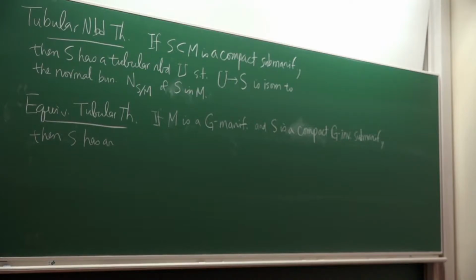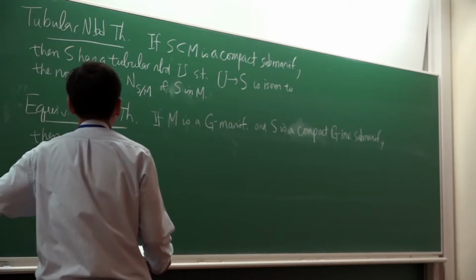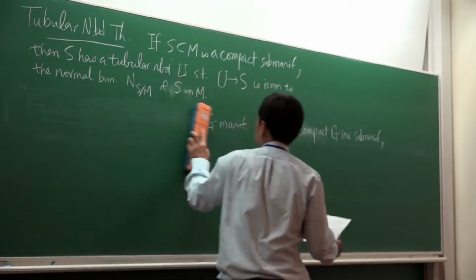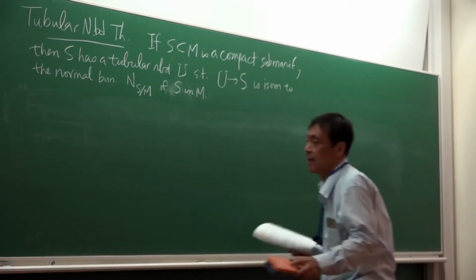So an equivariant tubular neighborhood of a G invariant submanifold in a G manifold is a G invariant open set U containing S such that U has a structure of a G equivariant vector bundle over S, with the inclusion being the zero section. Let's make the definition first.